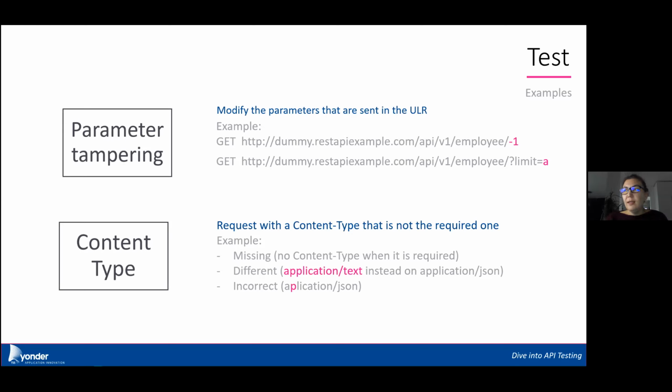If we send that JSON to our server to create a new resource, the server won't accept it if we haven't sent the proper content type. So the idea is also to test the headers, especially the content type, to see how the server behaves if we don't have any content type, or if we have a different content type, or an incorrect content type for our test.